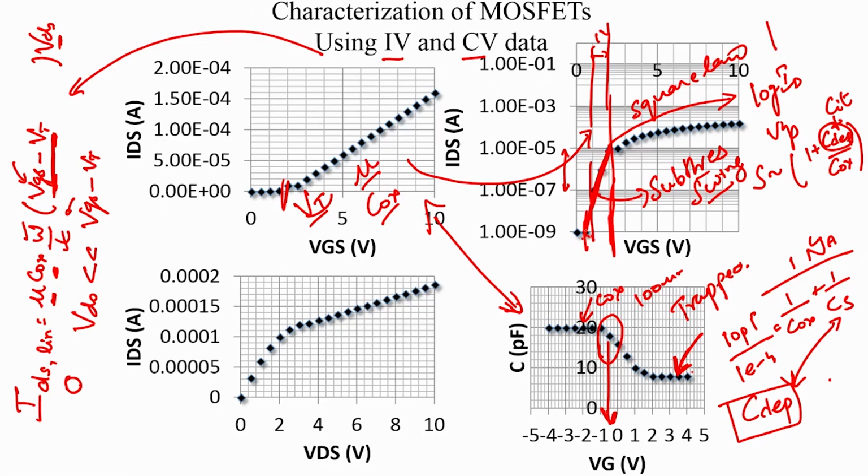And the other useful parameter is, since you are looking at the log scale, it is possible to identify the leakage current. And by plotting a family of curves at different VDS, we can identify the gate induced drain leakage, drain induced barrier lowering, and these phenomena.